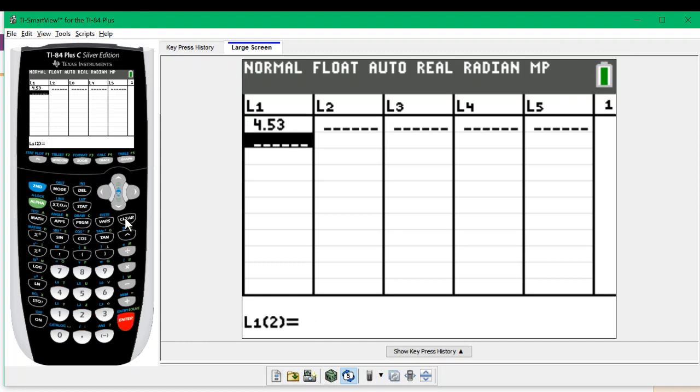1.53. 5.04. 3.29. 5.23. 4.13. Wait, after 3.29 is 5.23, sorry.